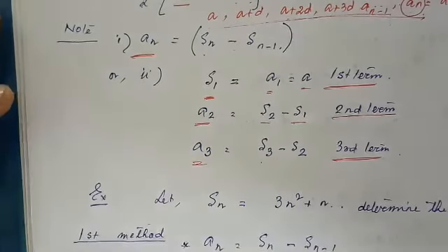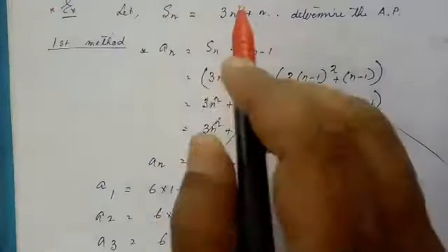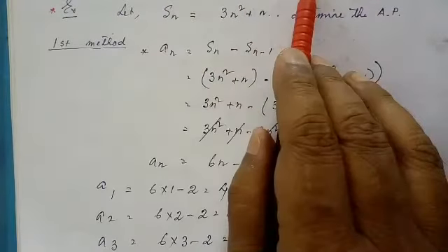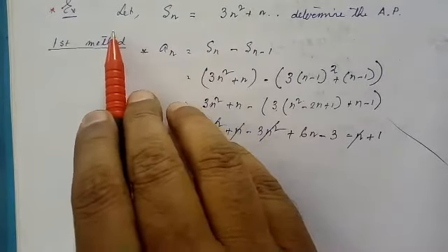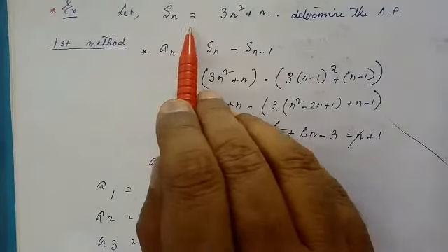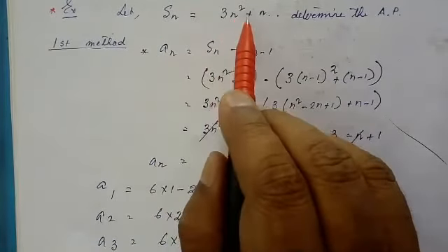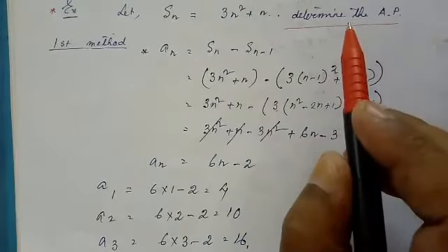Now to explain this one, I am taking one example. Let Sn is equal to 3n square plus n. Determine AP.